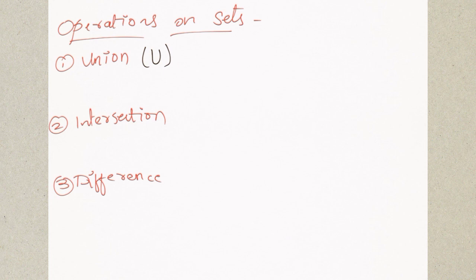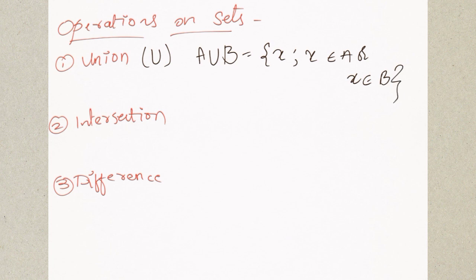So if I have to find the union of two sets, then I write it as A union B. In this manner I am going to denote it. A union B is a set of X where X belongs to A or X belongs to B. Okay, X belongs to any of the sets, A or B. Now maybe you will not understand clearly with this, so I will take an example.